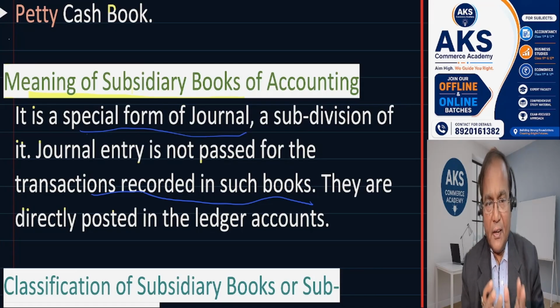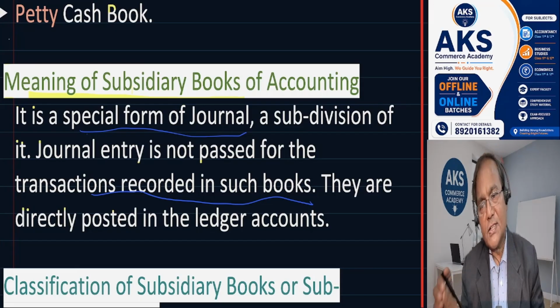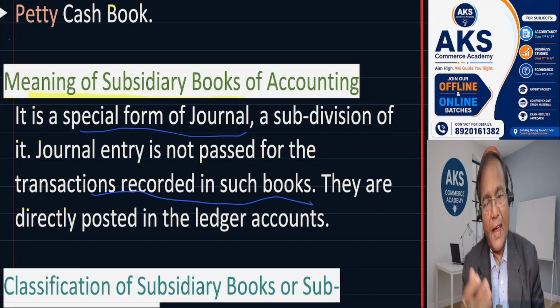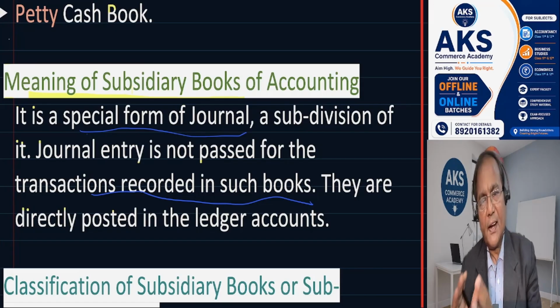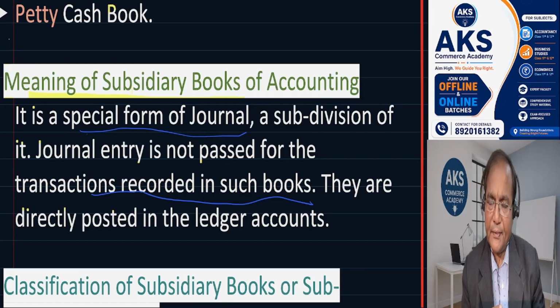So a journal entry is not passed for transactions which are recorded in subsidiary books. So credit sales, credit purchases, cash sales, cash purchases, these are the transactions. So if there is a credit purchase, it will go to purchase book. If it is a credit sale, it will go to sales book, it will not go to journal.